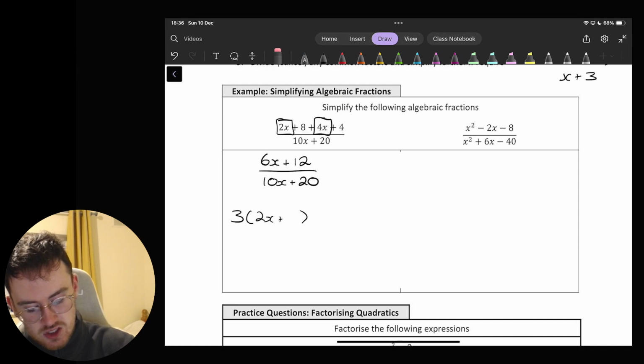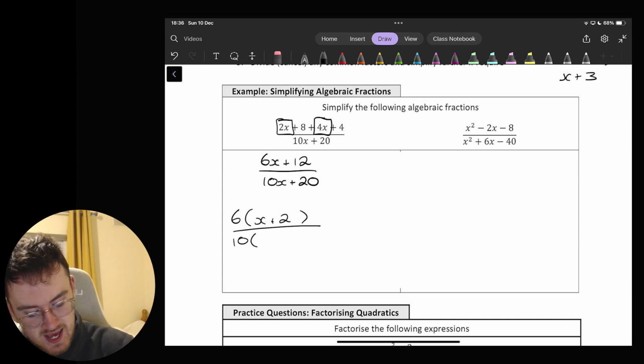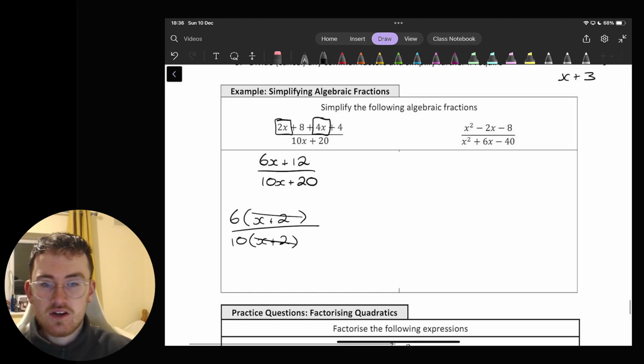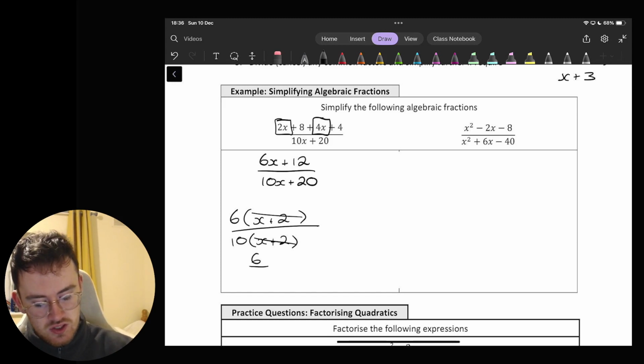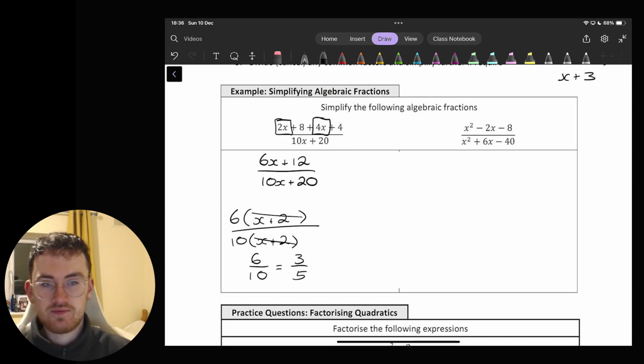And in fact I'm wrong because there's a higher factor of 6, of course, which is just going to leave me with x plus 2. On the bottom there's a common factor of 10, which leaves me with x plus 2. And now I have a common factor of x plus 2, which is just going to give me an overall 6 over 10, which reduces to 3 over 5.